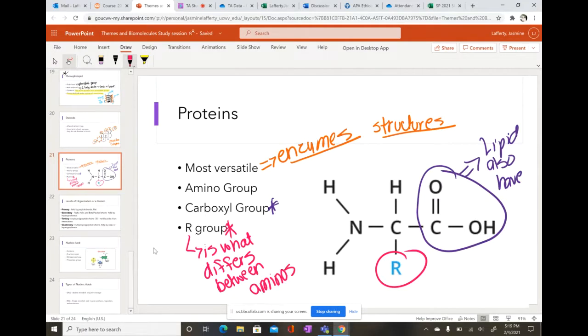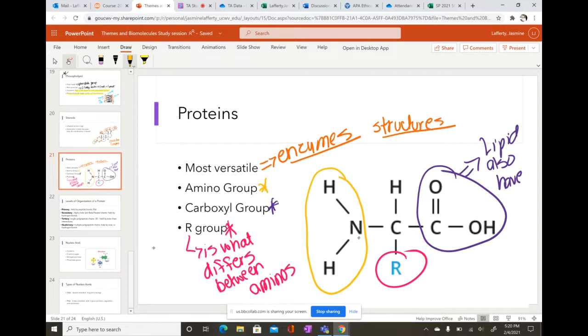Okay. Now we get to this amino group, and we have a brand new element here that we have never heard of, this nitrogen. What I will tell you, and this will become very clear when we get to the nucleic acids, because nucleic acids also have nitrogen, but they're not in this little amino group.